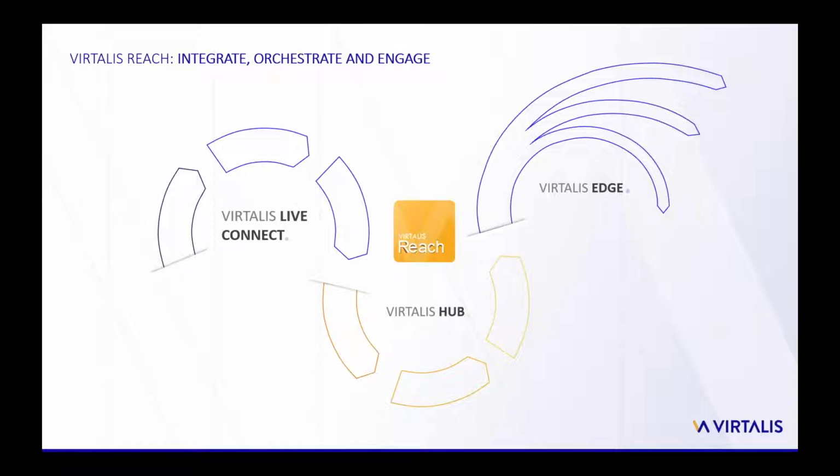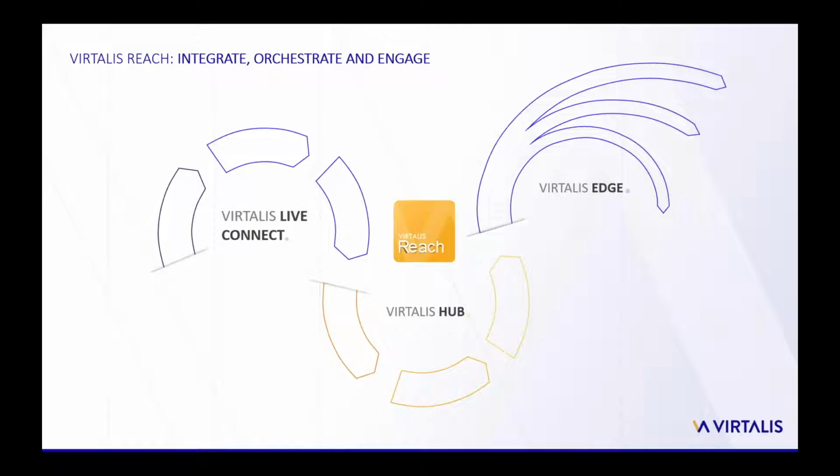One thing we haven't done with this product is to, on the one hand, say that users can access these visualizations on any device they have to hand. We haven't done that by moving that problem upstream or to the server. I mean, as we'll see when we talk about the Orchestrate layer, what we've done is build in some very clever processes and features to make sure that Virtalis Reach lives up to that principle of being hardware agnostic.